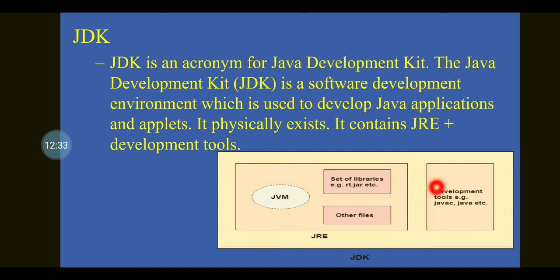For example, JRE plus javac or java. Here javac is the Java compiler and java means the Java interpreter. javac is a compiler which converts your program into Java bytecode and java is the interpreter which converts the Java bytecode into executable code.